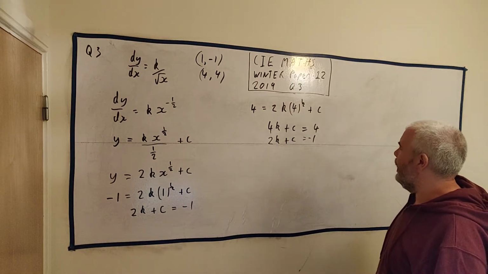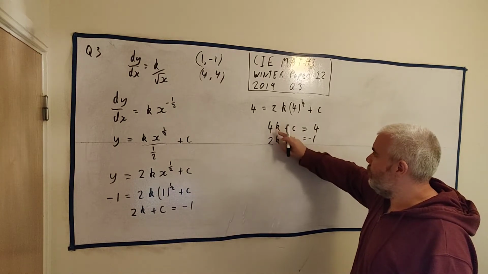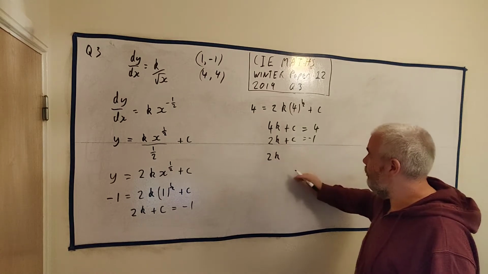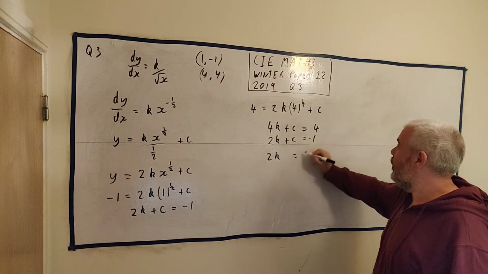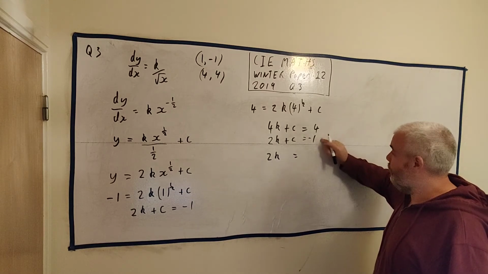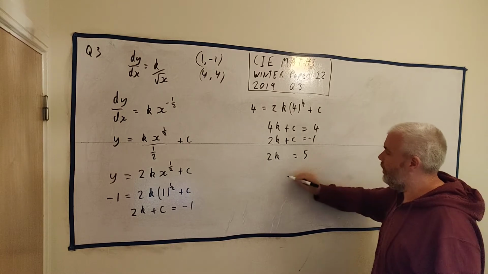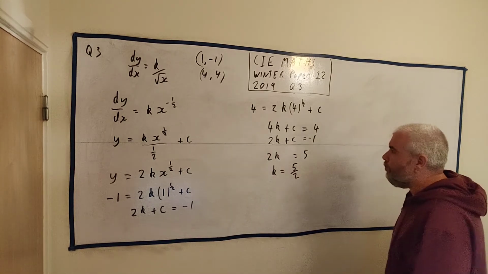So how do we do that? Let's take the bottom line away from the top line. So 4k minus 2k is 2k. C minus c is 0. 4 minus minus 1 is 4 plus 1, so that's 5. So k is equal to 5 over 2. Let's find c.